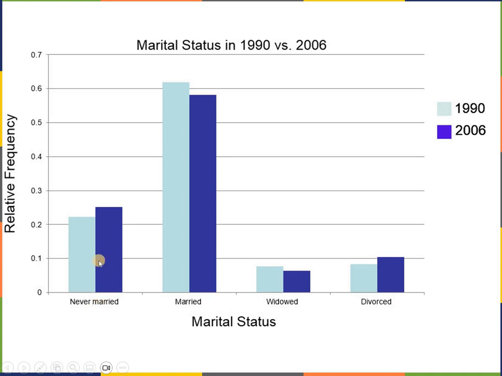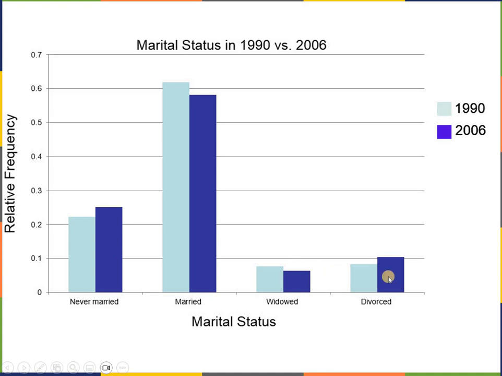So I can tell immediately that the percentage of never married people in the United States is bigger in 2006 than it is in 1990, while the percentage of individuals married in 1990 is higher than 2006.